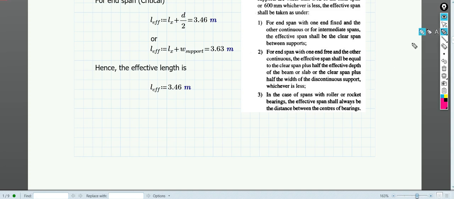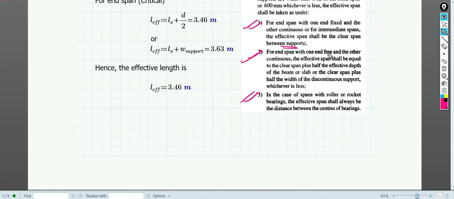Okay, so I think this is very clear from the statement itself. If one end is fixed and the other end is continuous, in that case we will take the effective span as the clear span between the supports.